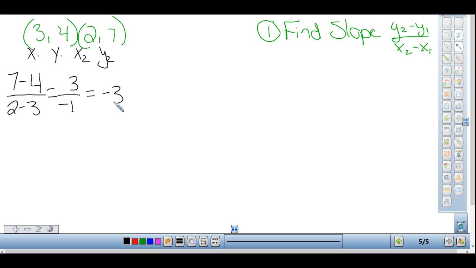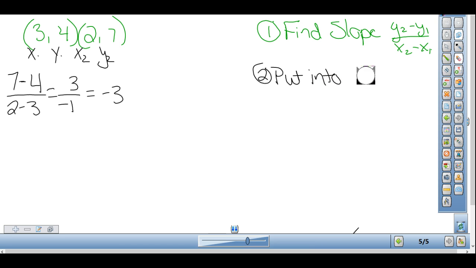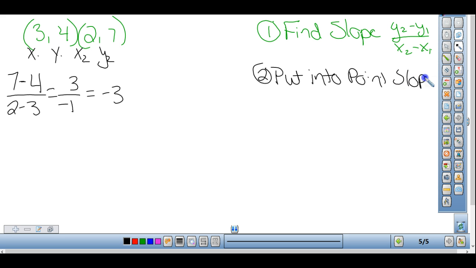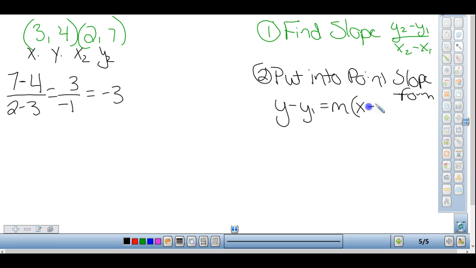So now we know how to put it in point slope form. Step number 2 is to put it into point slope form. Remember that point slope form is y minus y1 equals m times x minus x1.